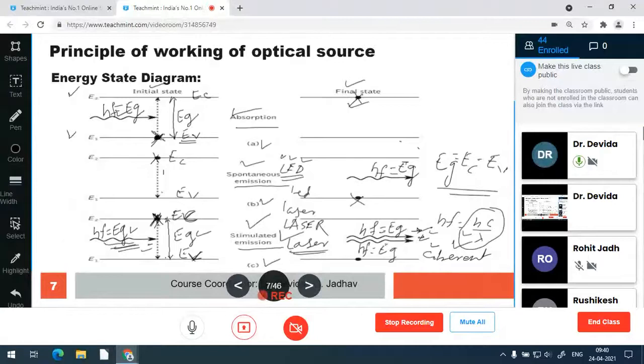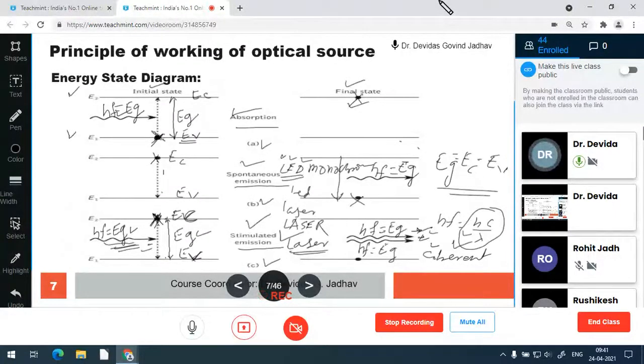Light emitting diode gives monochromatic light. Why is monochromatic light there in the LED? Because whatever the number of photons emitted, all photons are emitted due to the same band gap energy of the material. The same band gap energy transition from conduction to valence band takes place because the material is the same. Every time the transition emits the same energy, equal to hf.